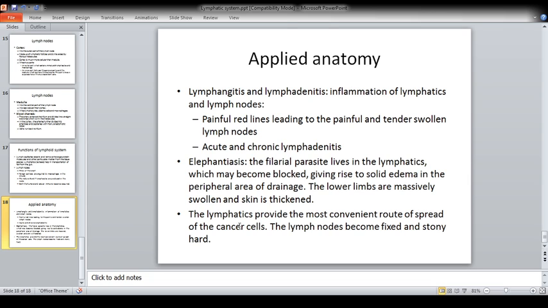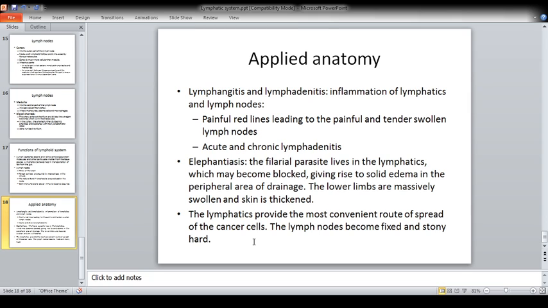The lymphatics provide the most convenient route of spread of cancer cells. We must remember that. Whenever there is cancer, let's suppose there is cancer in the breast, these cancerous cells can most easily seed through the lymphatic vessels into the axillary lymph nodes or into the mesenteric lymph nodes and affect other parts such as the intestine or the kidneys or the liver or the arms or any other part.